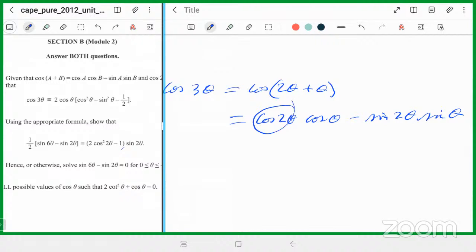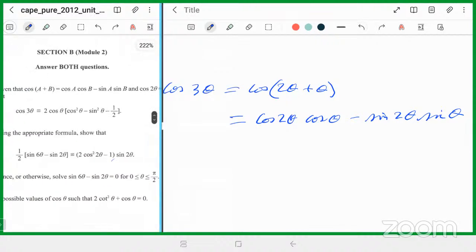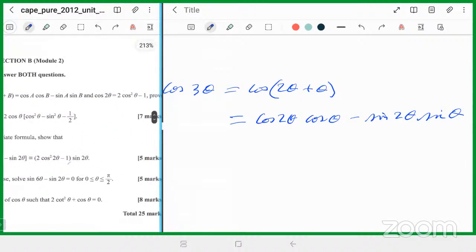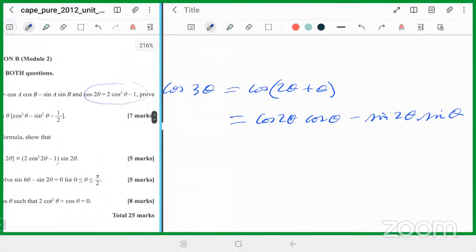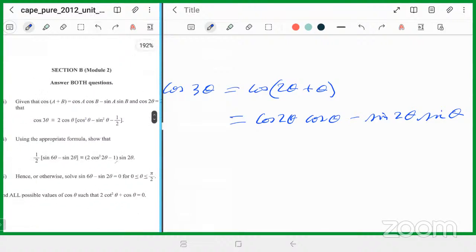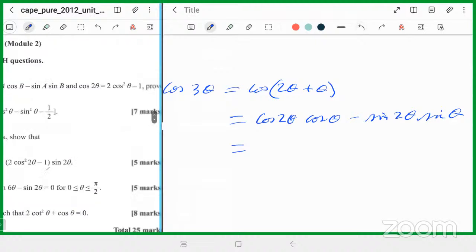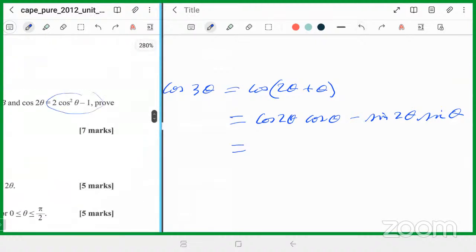And this double angle, because we want to get everything in terms of cos, I'm going to expand this one using the identity 2 cos squared minus 1.